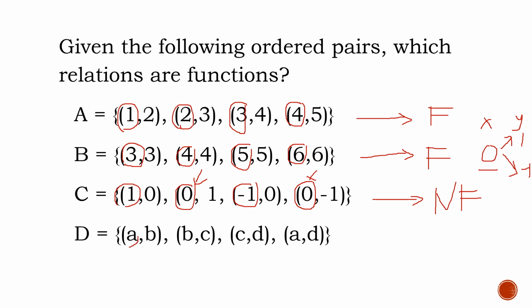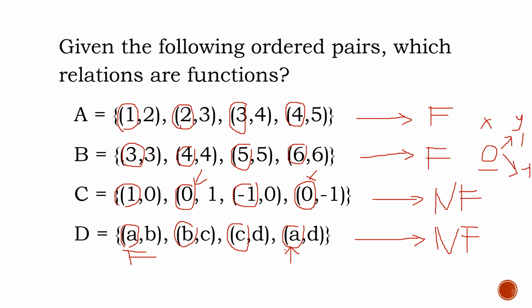Your first value of x is A, your second value is B, your third value is C, then your fourth value is A. So your first value here and your fourth value here are equal. So there's a repetition in your x values, meaning the set of ordered pairs under your D is not a function.